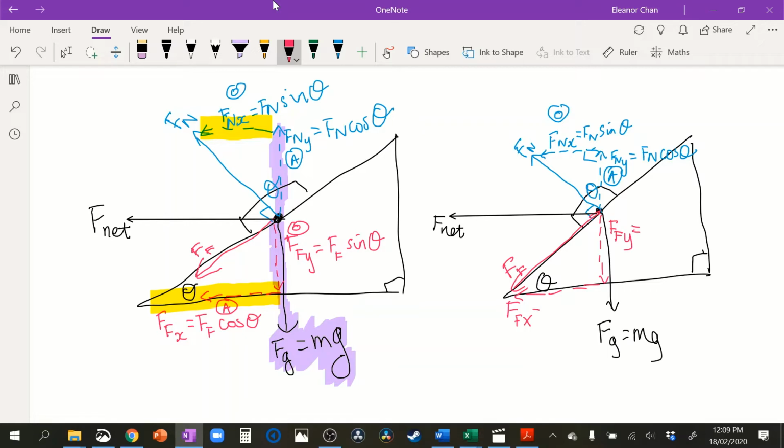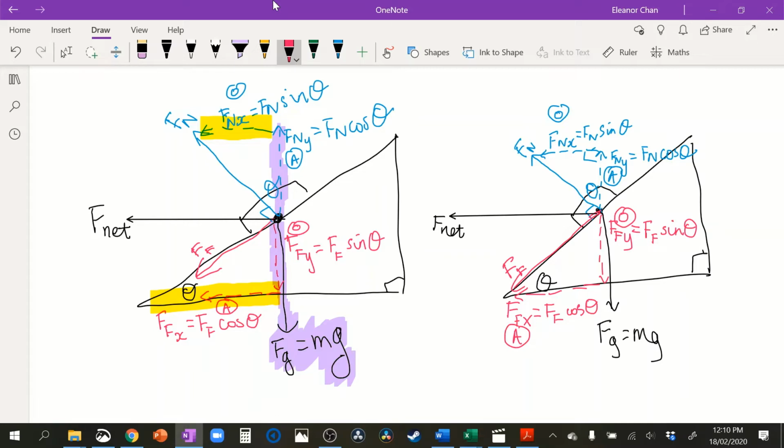Now, we already know the angle, so the opposite is the y direction and the adjacent is the x direction. So if we look at the vertical direction, it'll be Ff sine theta, and for the x direction, it'll be the friction, so the hypotenuse, Ff cosine theta. That's where all of it comes from.